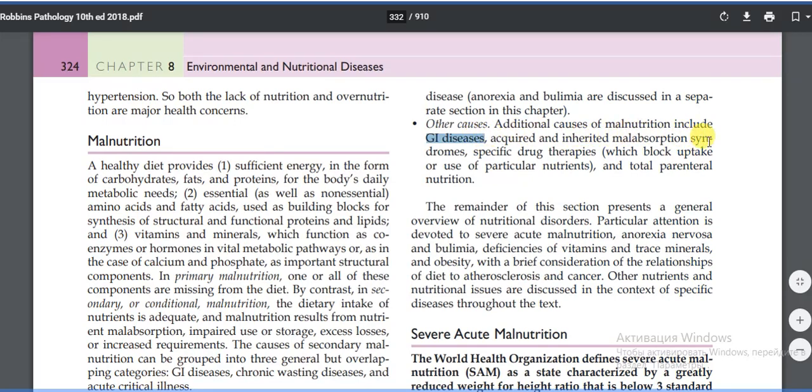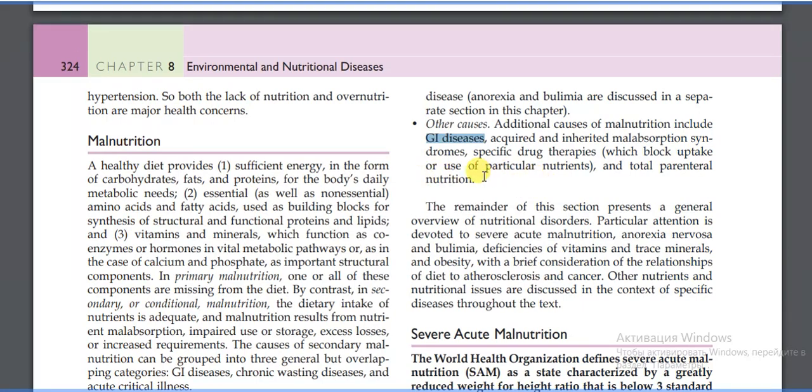Acquired and inherited malabsorption syndromes, specific drug therapies which block uptake or use of particular nutrients, and total parenteral nutrition. You know that now we have very evolved parenteral nutrition for patients who are unable to eat by normal activity of the digestive tract.